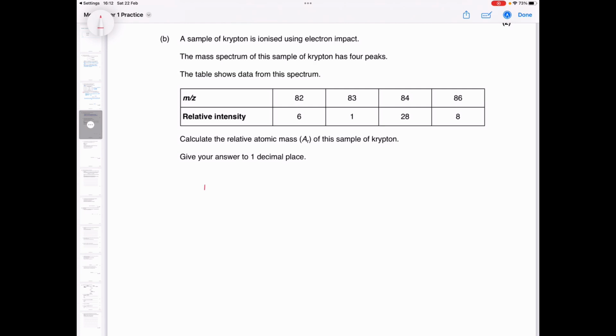And so the atomic mass here is equal to the product of the mass to charge ratio times the intensity for each of the ions.